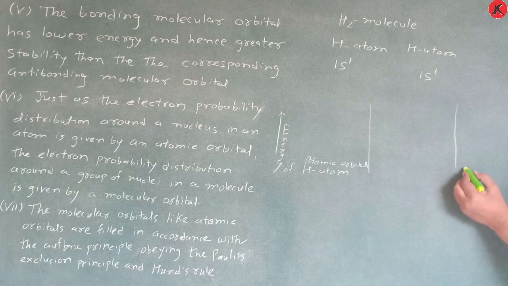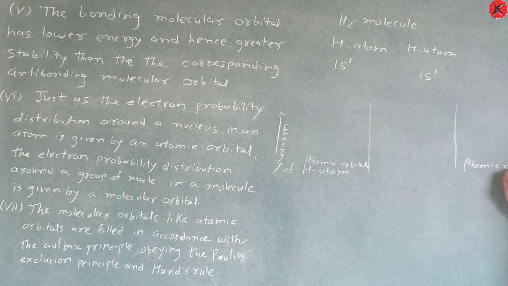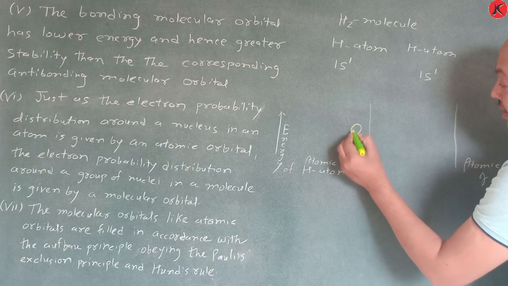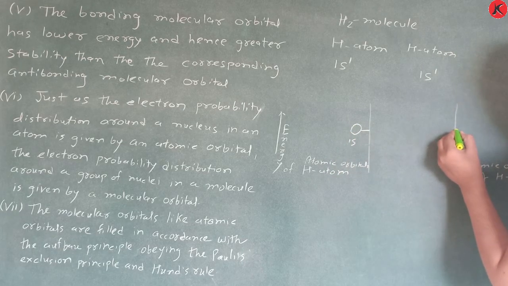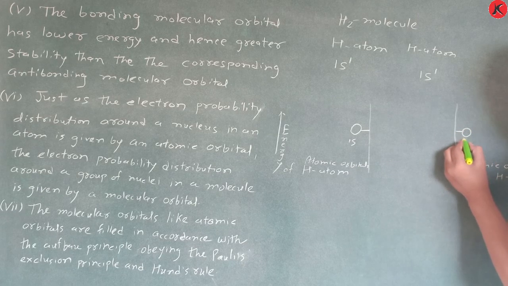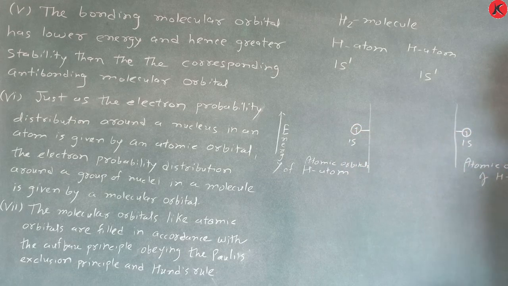And here the atomic orbital of the hydrogen atom. Suppose we consider here, this is 1s, the energy remains the same. Here also 1s, here one electron is there, here also one electron is there.